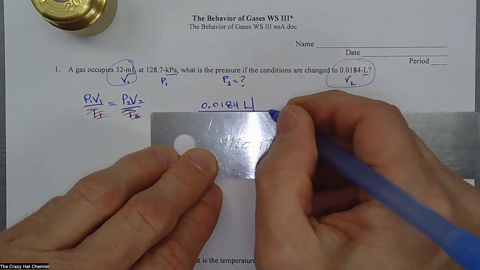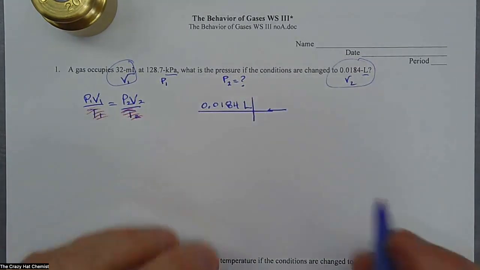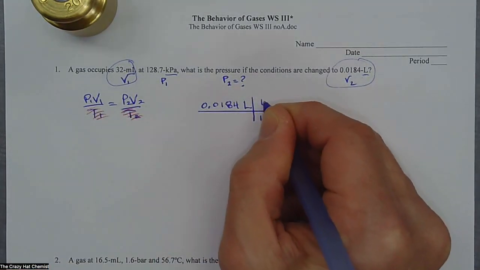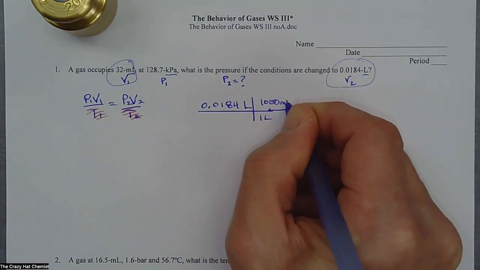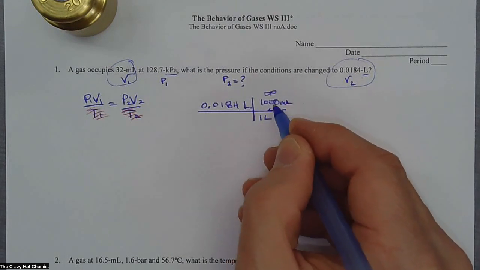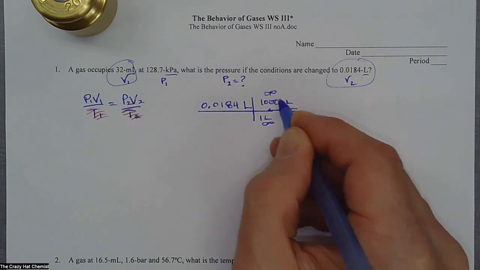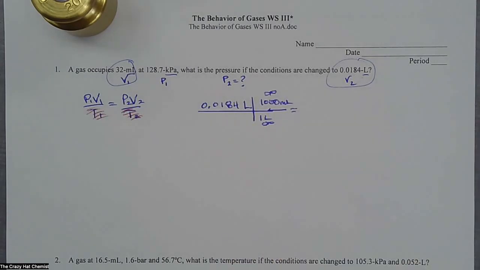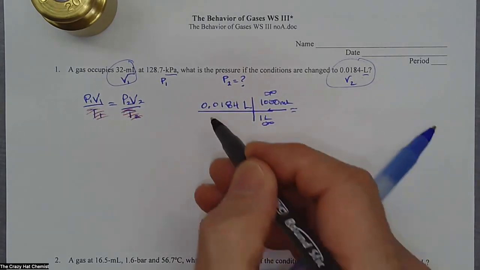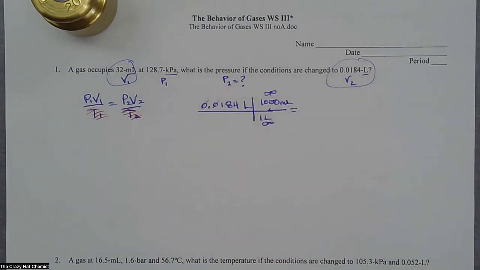You should know this unit conversion, that 1 liter is equal to 1,000 milliliters. These are an infinite number of significant figures because this is a definition for both the 1 liter and the 1,000 milliliters. Remember that leading zeros are not significant figures. Do they count? Yes, they do count because they're important for placeholdership, but they are not significant figures.